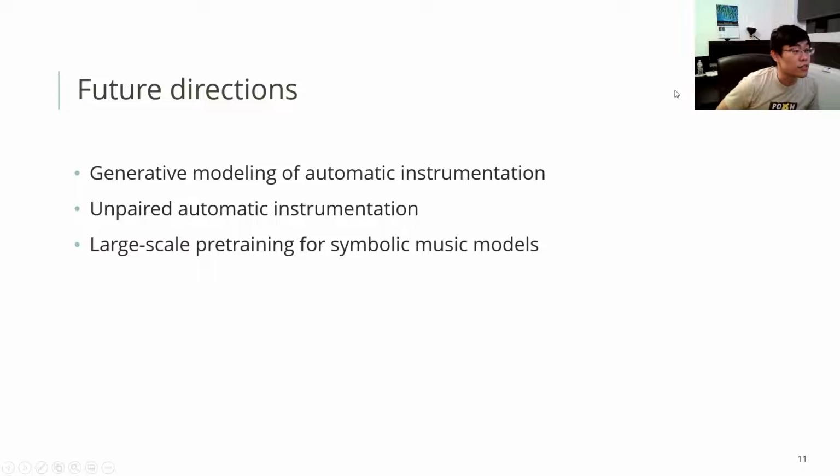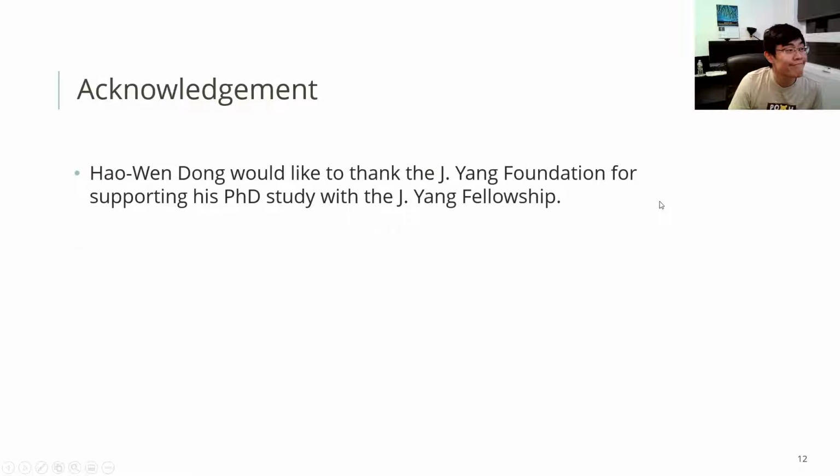There are several future directions. First, we would like to try generative modeling of automatic instrumentation because it's basically a one-to-many mapping. We also want to try unpaired automatic instrumentation and large-scale pre-training for symbolic music models.